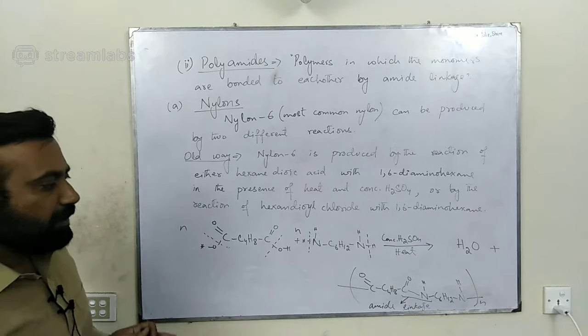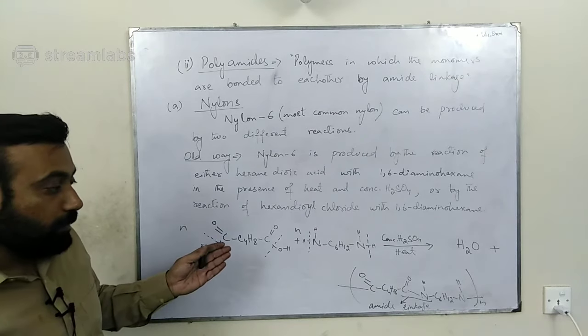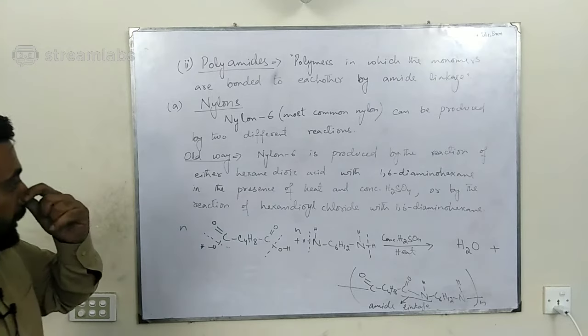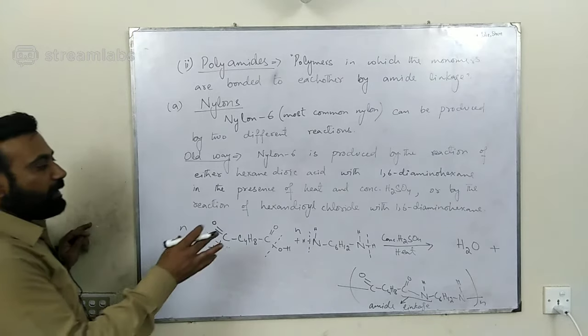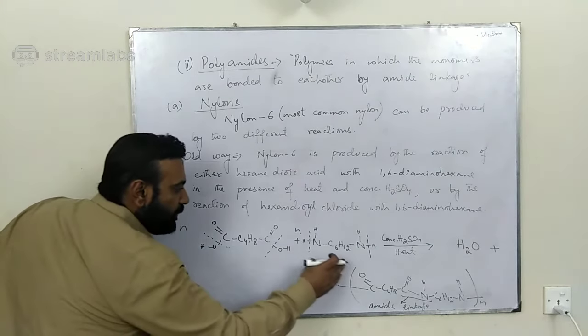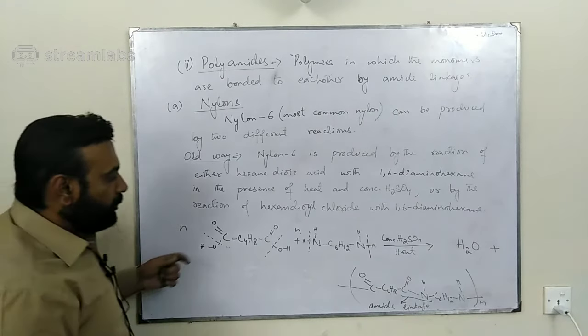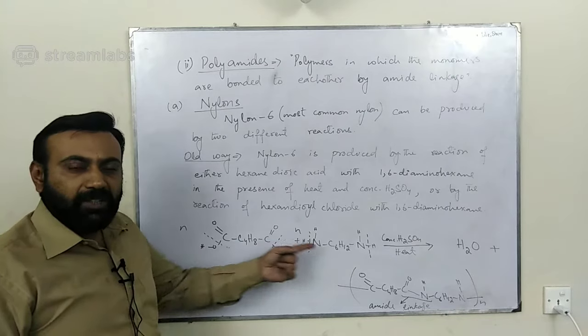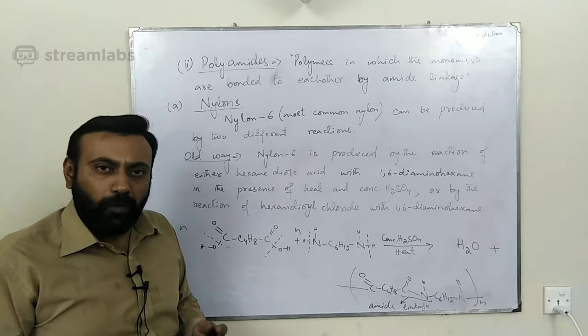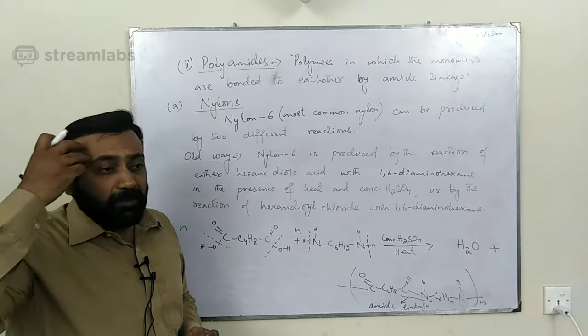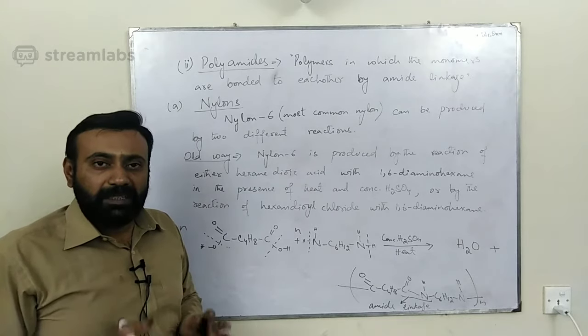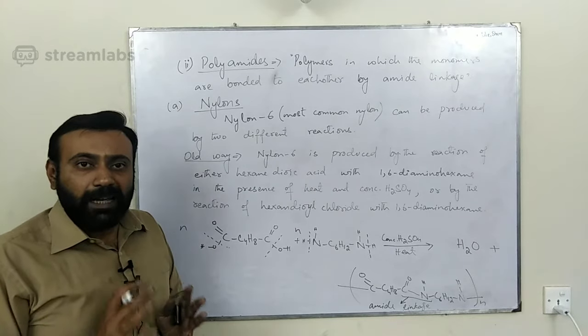This is why this polymer is called a polyamide. And this is called nylon 6 because each of the monomers has 6 carbon atoms in it. If there were 4 carbon atoms in each of the monomers, this would have been nylon 4. If there were 8 carbon atoms, it would have been nylon 8.